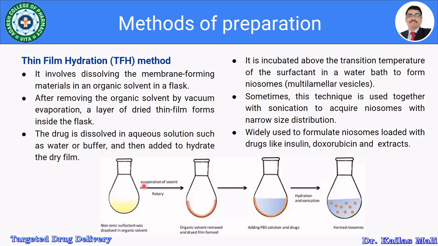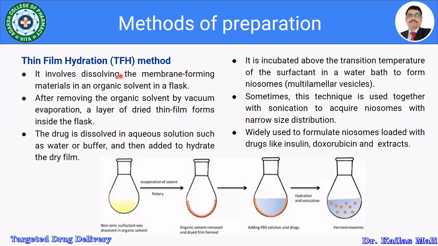Then evaporate the organic solvent by hand shaking or rotary evaporation in order to get the film. Then furthermore, we add the aqueous buffer to the thin film along with the drug. Then hydrate the solution and sonicate it so that we will get the neosomes.